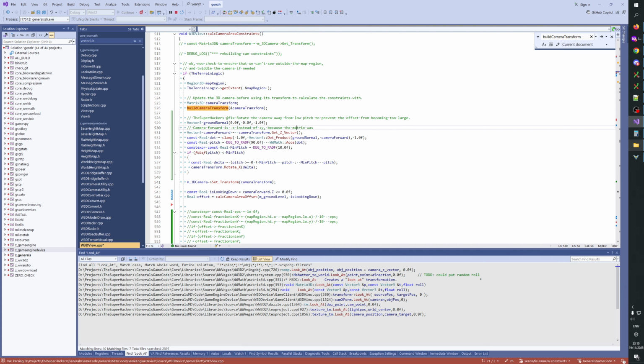Because the matrix was created with look at, and it's not normal. Okay, that works. A transform.